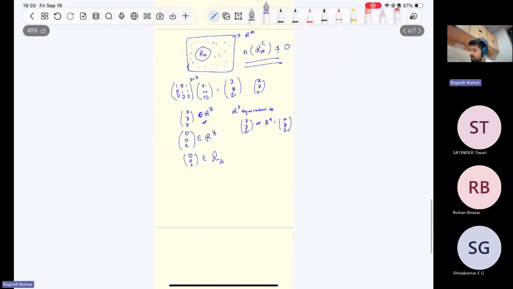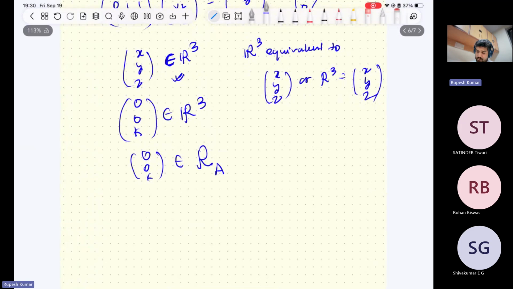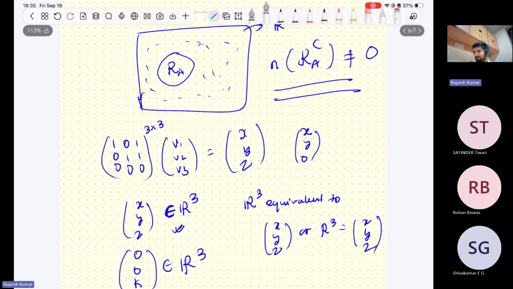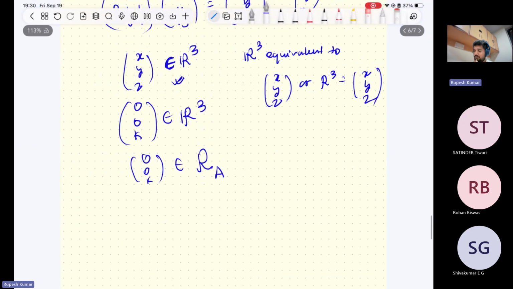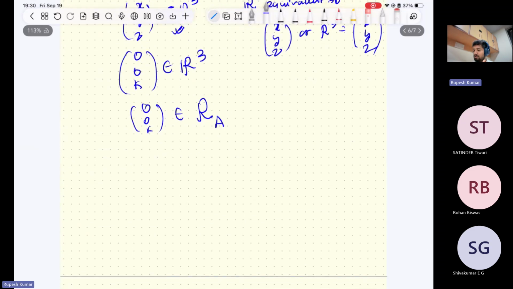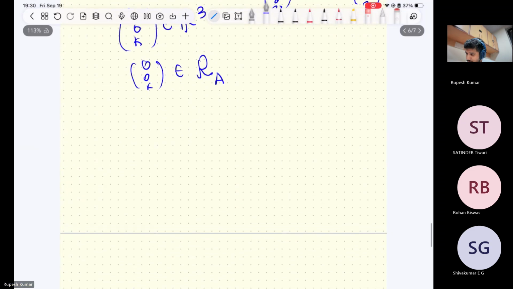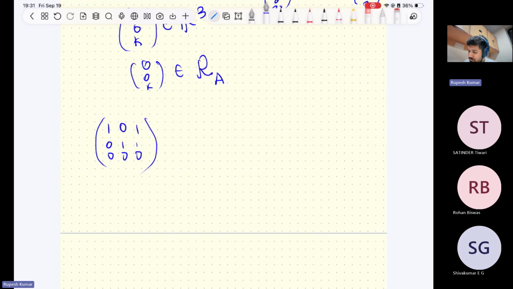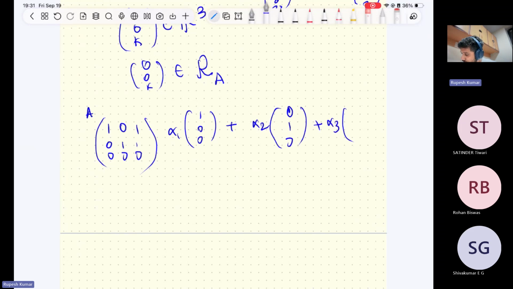Till now we were talking about only square matrices. Let's start with the square and then proceed to the rectangular matrix. Now we had this matrix 1 0 0, 0 1 0, 1 1 0. This is the matrix A. Take the linear combination of these three vectors: alpha 1 times 1 0 0 plus alpha 2 times 0 1 0 plus alpha 3 times 1 1 0.